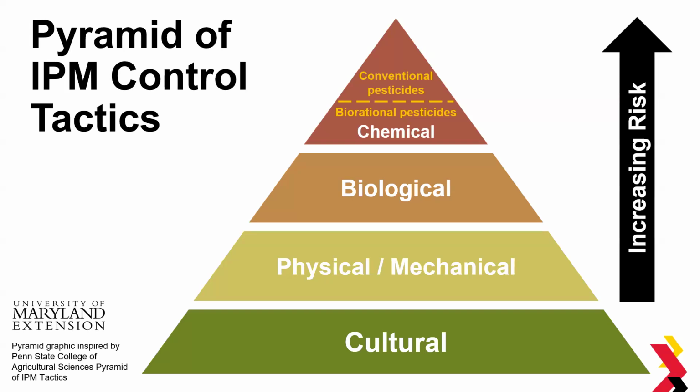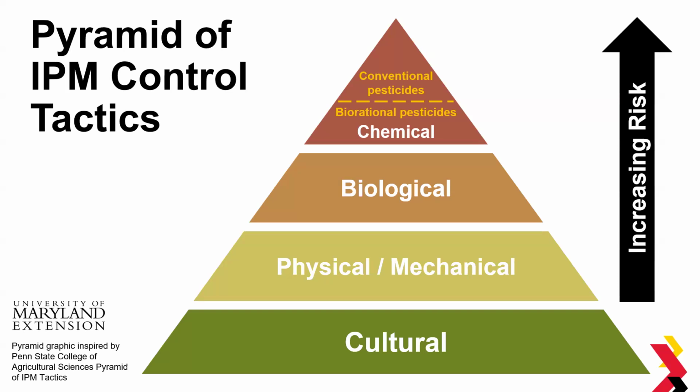And so usually when we're introducing someone to IPM, or if we're using IPM for a long time, when we're referencing our different control tactics, we want to start with our cultural controls, considering and utilizing those first because they have the lowest amount of risk, and having chemical controls be our last effort. If nothing else has worked and this is all we seem to be able to do to control our pests, then last resort are chemical controls with the highest risk.